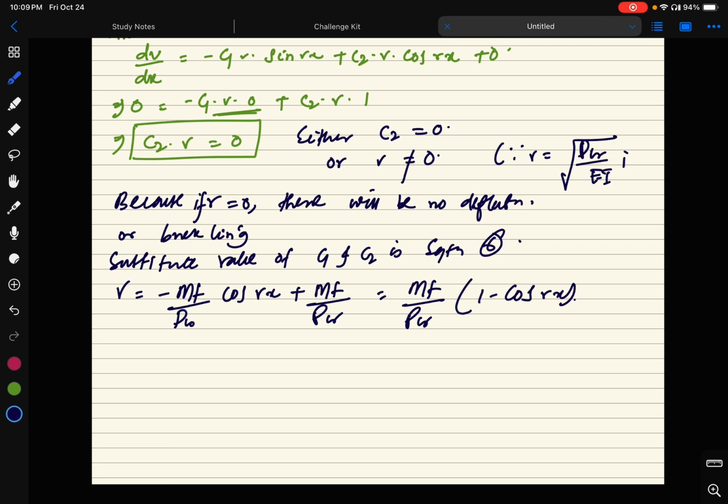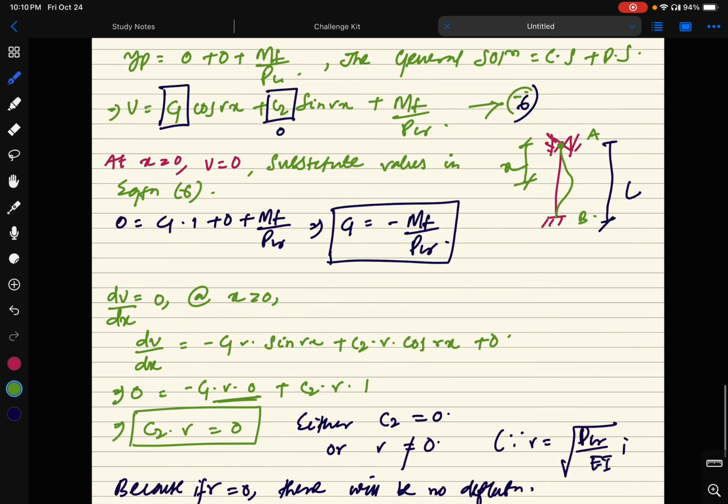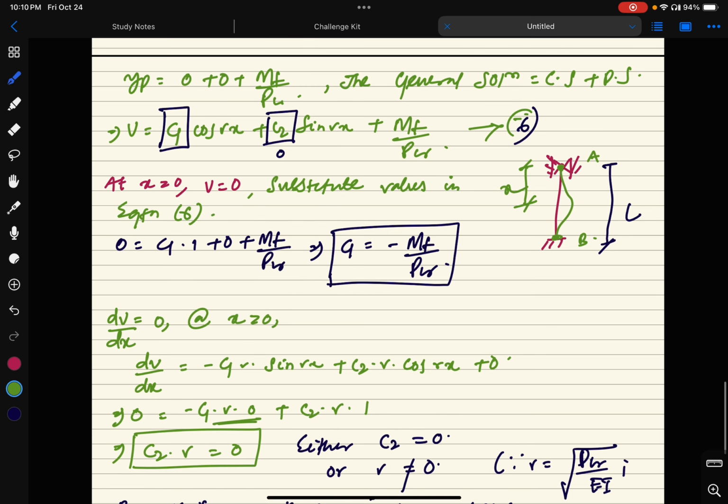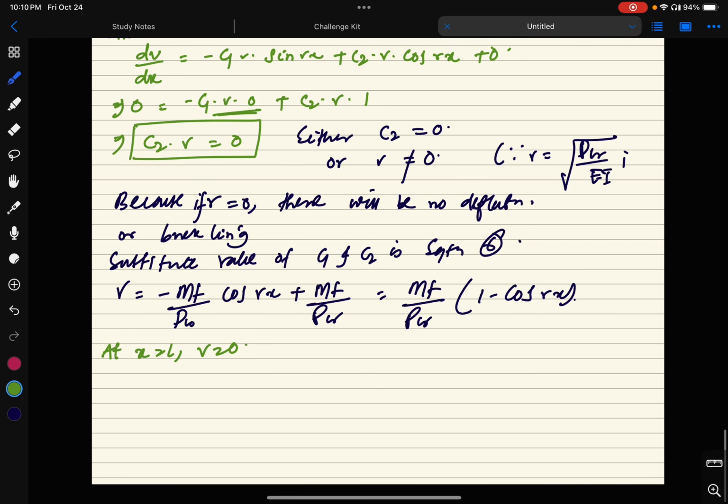We got another boundary condition, which is at x is equal to L, magnitude of v is equal to 0. So x is equal to L, it means at this point v is equal to 0. So this is equation 7. Substituting in equation 7, the left hand side is 0.